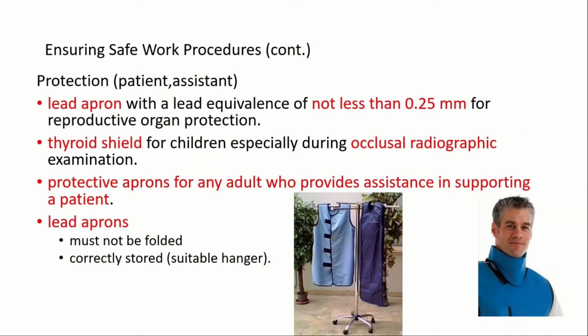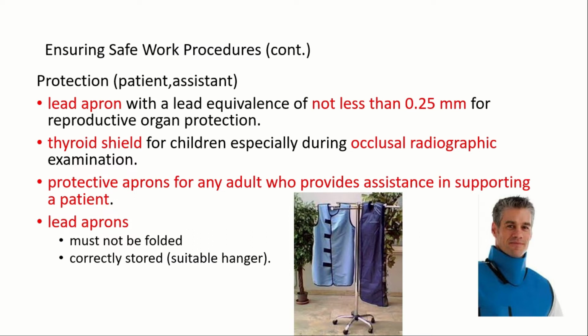Okay, so as I mentioned earlier in the previous slides, the lead apron should be not less than 0.05 millimeters, especially for reproductive organ protection. For children, they should wear a thyroid shield, especially if you want to take the post-radiographic X-ray.